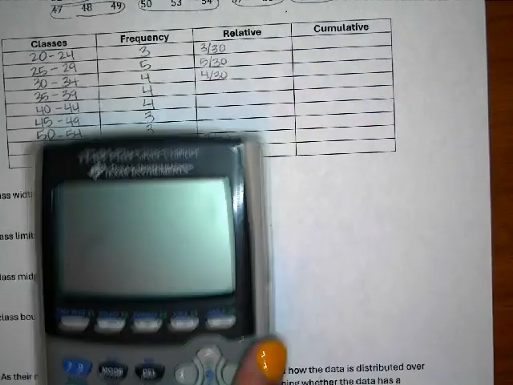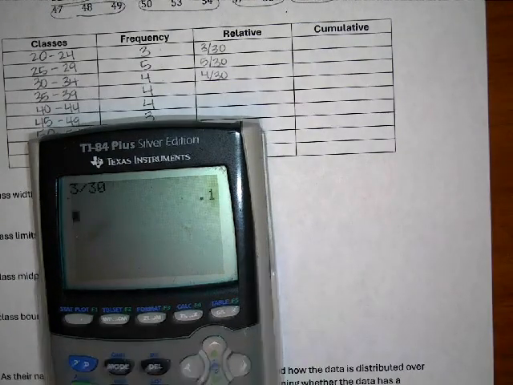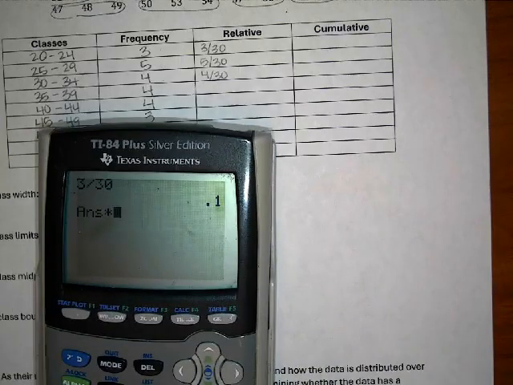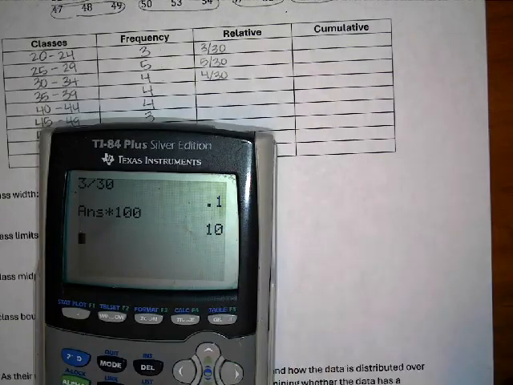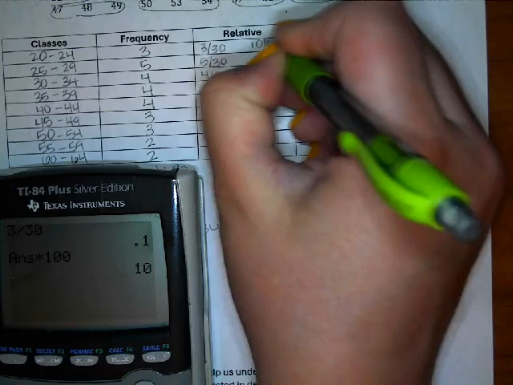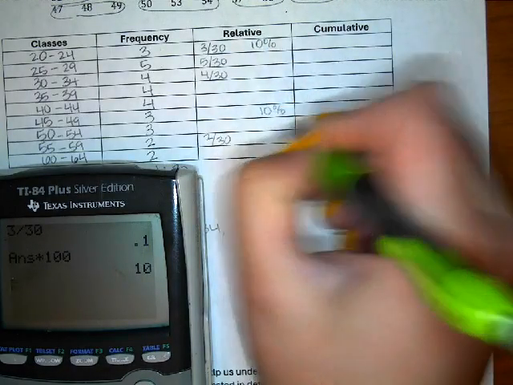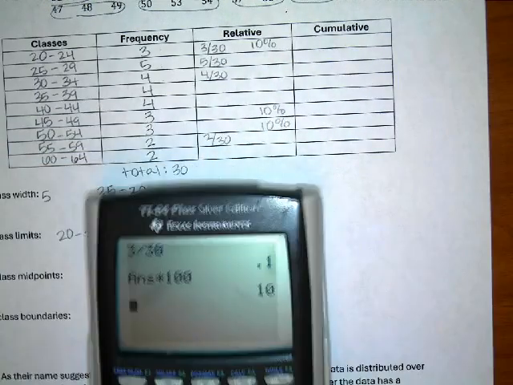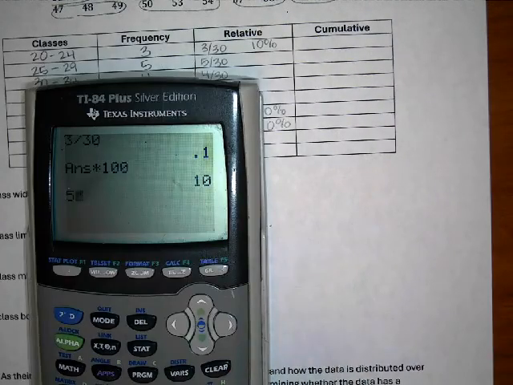So 3 divided by 30 is 0.1, which is 10%. And you can do that by moving the decimal over to the right twice or just multiplying it by 100. So this is 10%. There's a 3 down here, 10%. So 3 out of 30, those are 10% of all the data points. 5 divided by 30, and we can multiply it by 100.